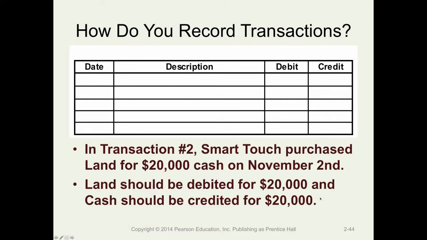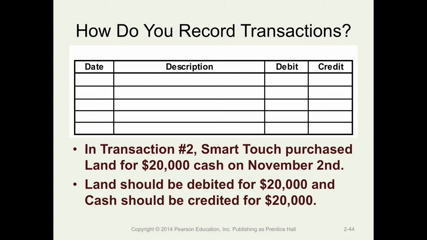Let's try another transaction. In transaction 2, Smart Touch Learning purchased land for $20,000 in cash. So when we analyze the transaction, and again, we shouldn't forget that, and I'll try to go back to that whenever possible, don't forget about the analysis. What happened in this transaction? I used $20,000 in cash to buy land.